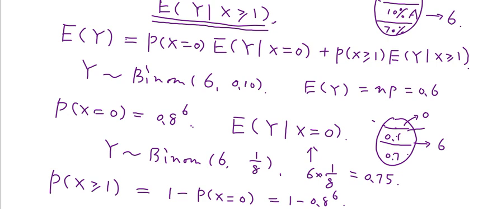This formula is really useful, and it's just like the conditional probability, like the law of total probability. For the whole expectation, you just check the expectation under this condition and the expectation under that condition.